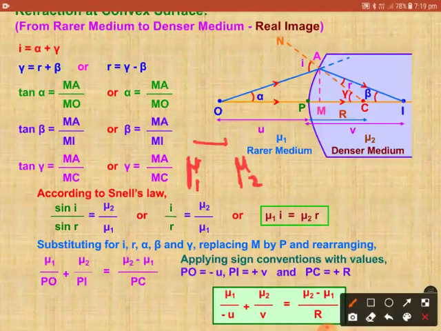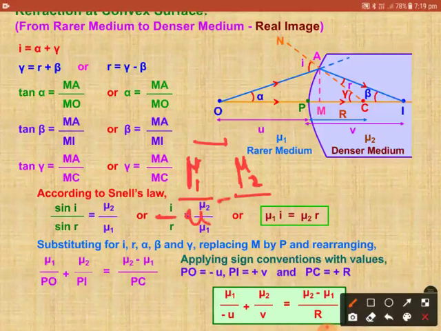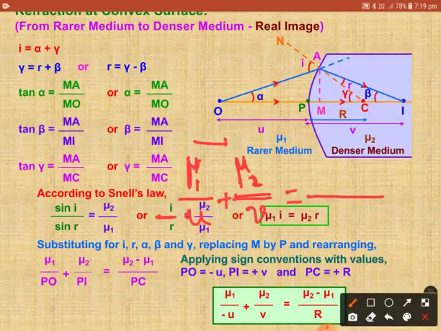So you divide the refractive index from where it starts, mu1, by its object distance, taking minus of the object distance u, and plus the refractive index of the second medium divided by its image distance. And this will be the ratio of what and what? The difference of the refractive indices to the radius of curvature.